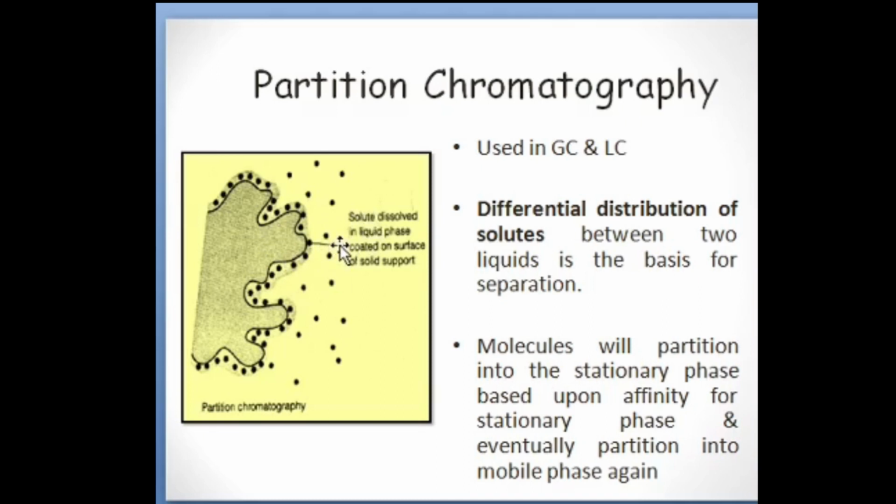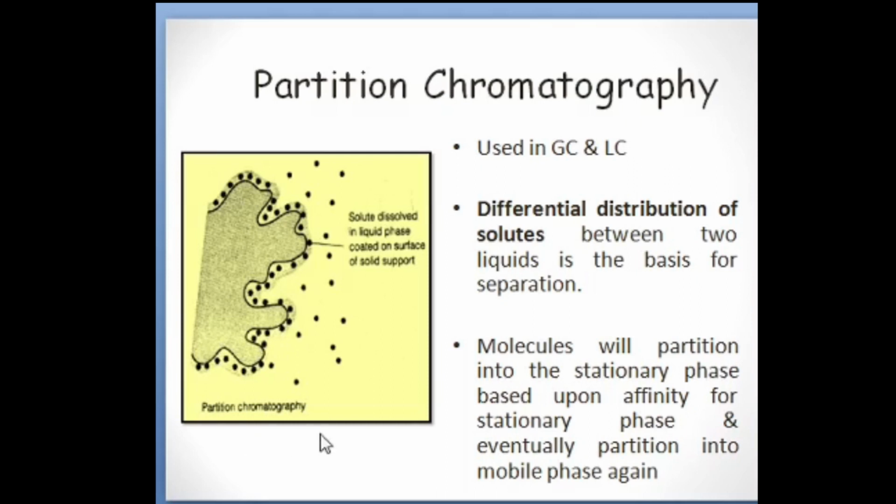Based on the differential distribution of the solute between the water and the solvent, separation occurs. The molecules will partition into the stationary phase based upon their affinity for it, and eventually will partition into the mobile phase again.